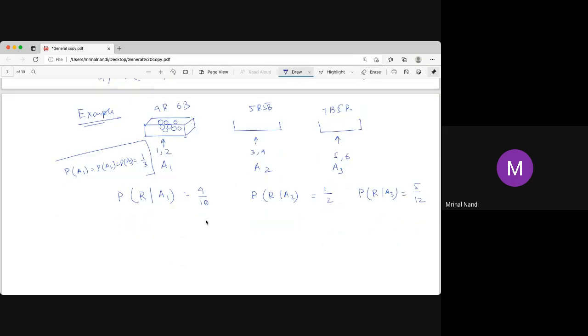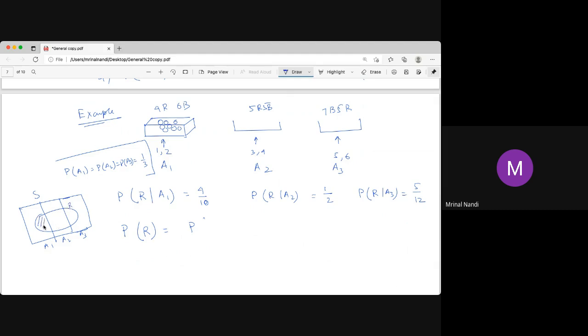Now, what is the probability that red occurs? To find this value, you have to draw the Venn diagram. So this is the whole set S. This part is A1, this is A2, this is A3, and this is red.